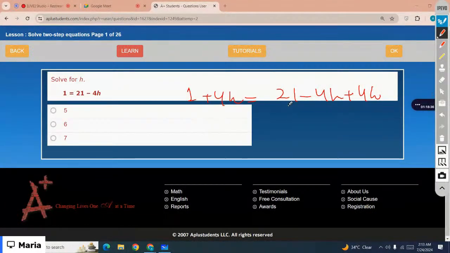You are left with 1 plus 4h, which is adding, so you need to subtract from both sides. That is 4h equals 20.